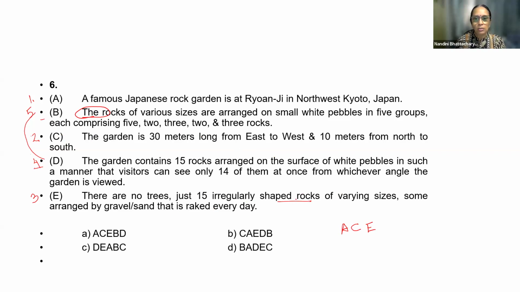The shaped rocks of various sizes, some arranged by gravel sand that is raked every day. The rocks of various sizes are arranged on small white pebbles of 5 groups, each comprising 2, 3, 5, 2, 3, 2 and 3 rocks. The garden contains 15 rocks arranged on the surface of white pebbles in such a manner that visitors can see only 14 of them at once, whichever angle.